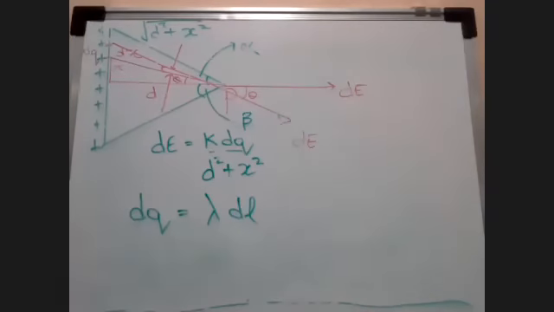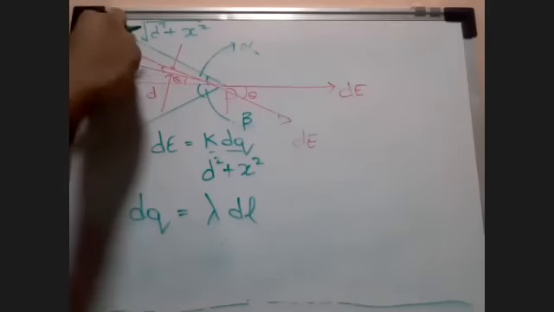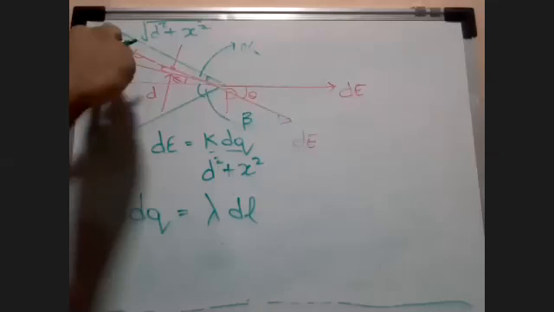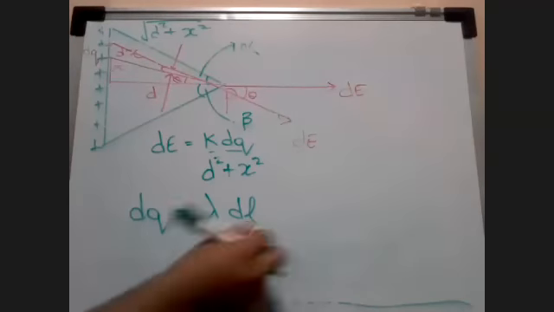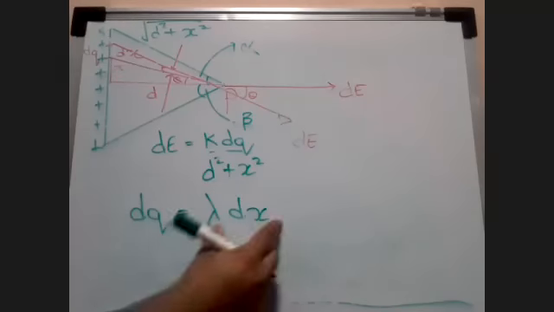Now, what is dl? dq is a small amount of charge at a distance of dx. So dl will be dx.